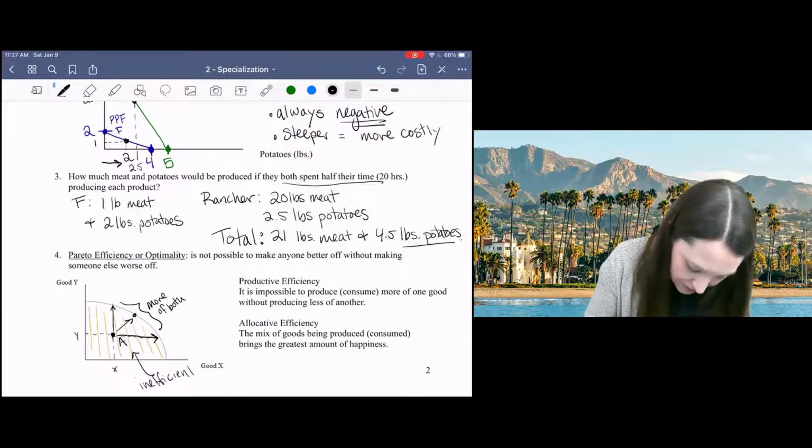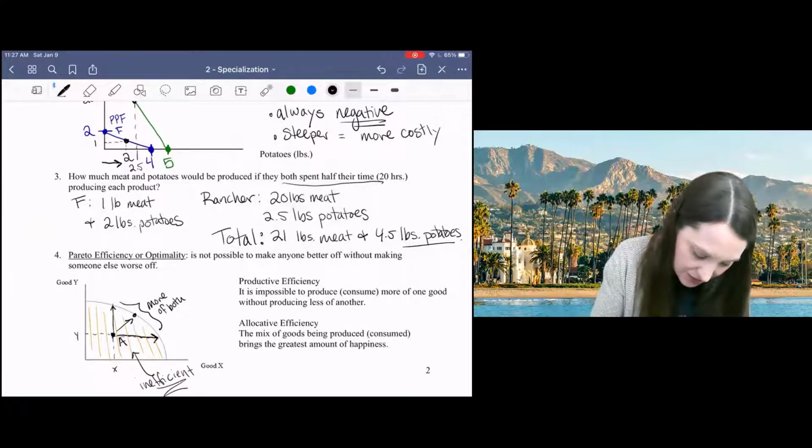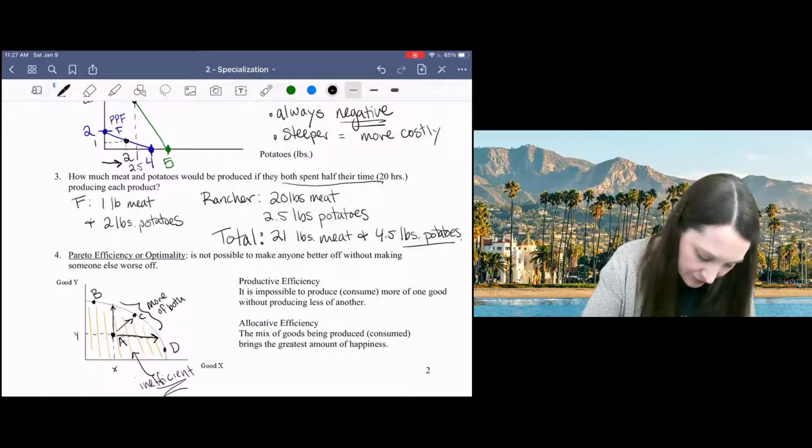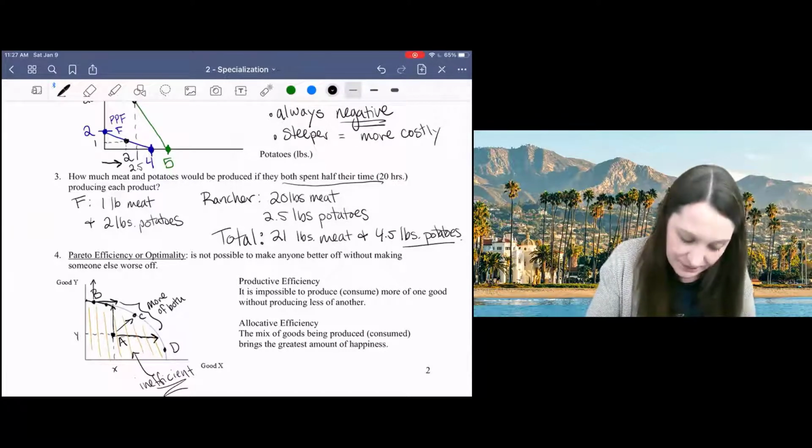points along the production possibility frontier, on the other hand, are efficient. If we begin at point B, now it's not possible to get more Y or more X without giving up some of the other.